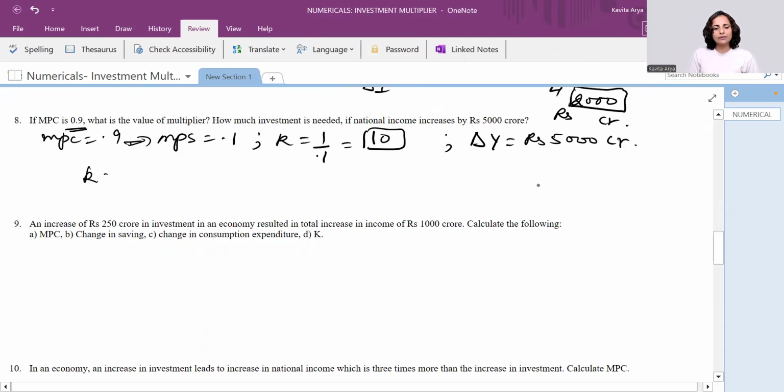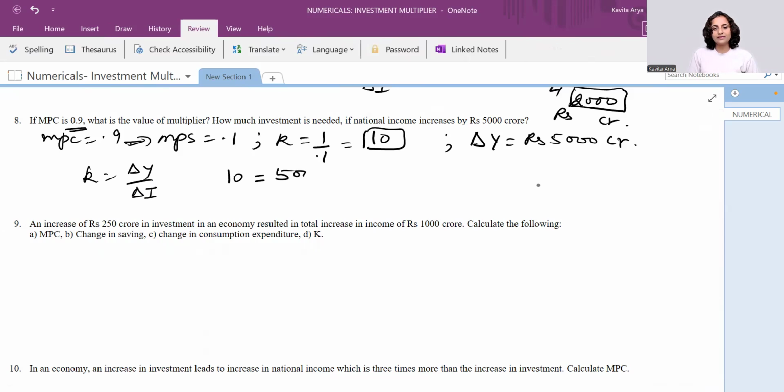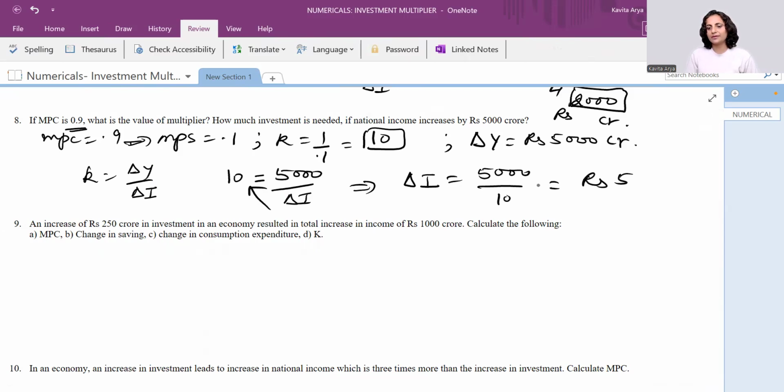K is equal to delta Y by delta I, and 10 is equal to 5,000 divided by delta I. This implies delta I, if I transpose it here, would be equal to 5,000 divided by 10, and that's equal to rupees 500 crore.